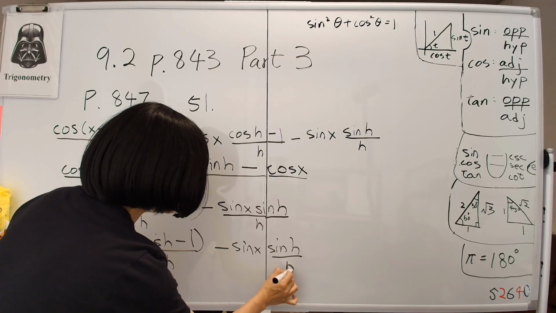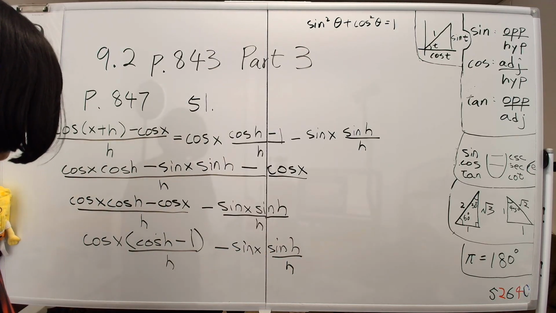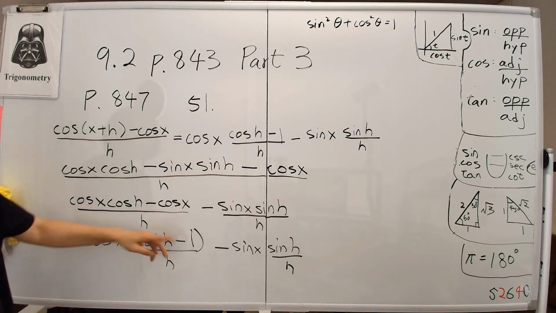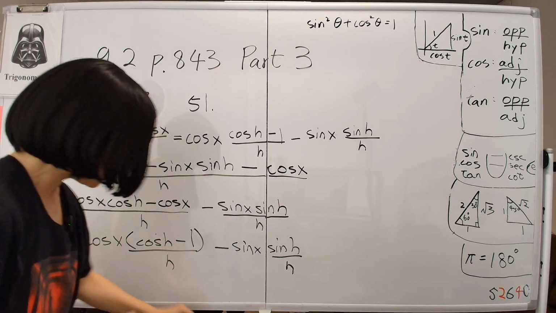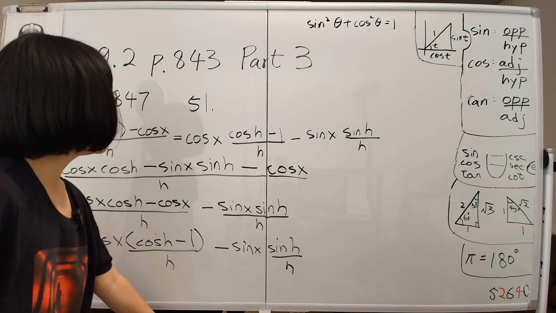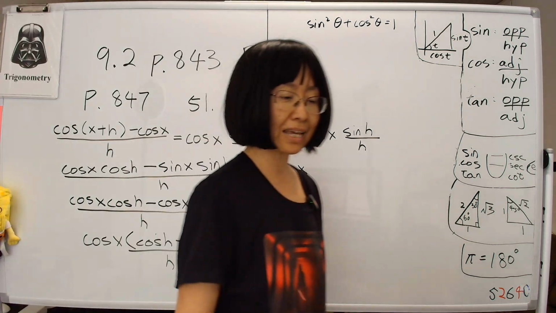We'll write the h under sine h because that's how the book wants it written. So we'll write it exactly like the way they want the answer to be. And with that, we have finished problem 51, and that also marks the end of this section.